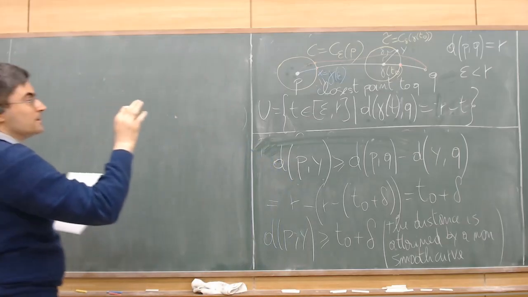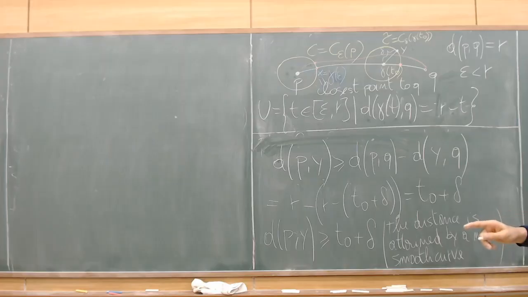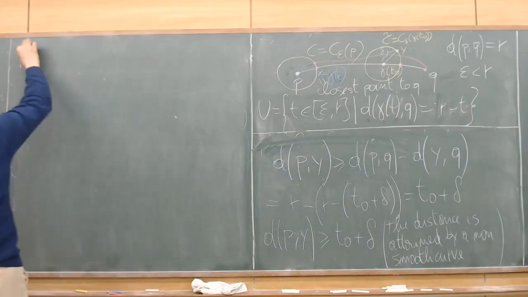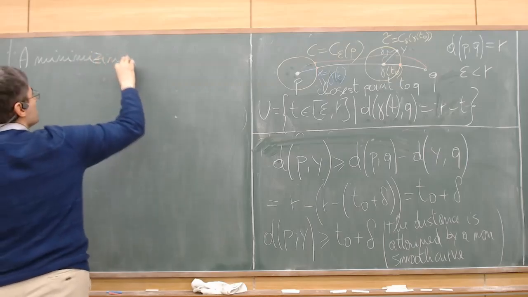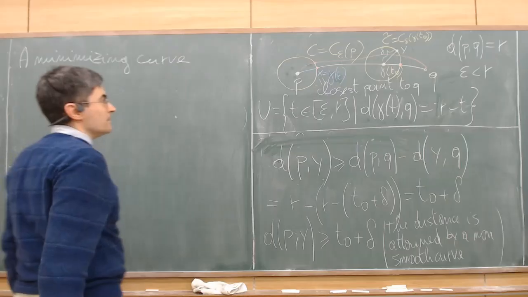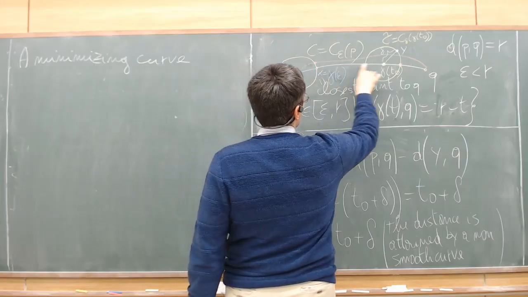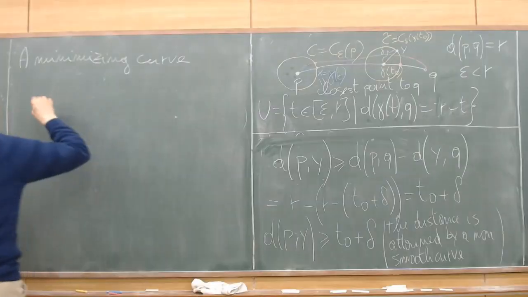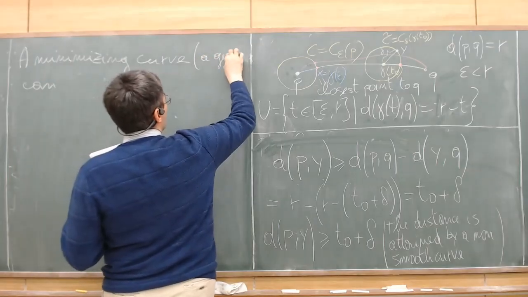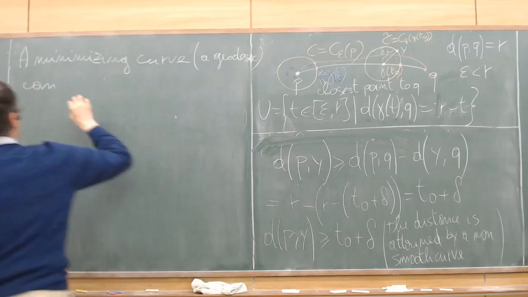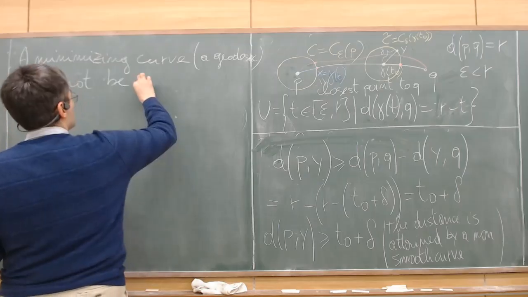But this is a contradiction because a minimizing curve, in this case the curve given by the union of this geodesic and this geodesic, cannot be non-smooth.